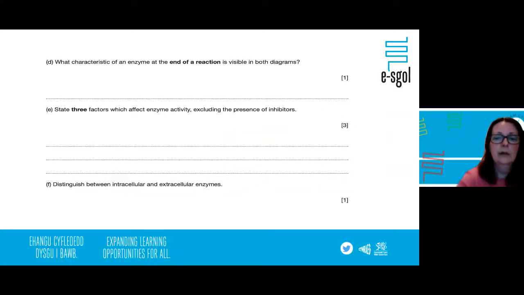Okay, so let's have a look at our next question. What characteristic of an enzyme at the end of a reaction is visible in both diagrams? And this is something that I drew your attention to when we looked at the diagrams. So we'll have a look at that in a second, and then we need to think of 3 factors which affect enzyme activity, but excluding the presence of inhibitors.